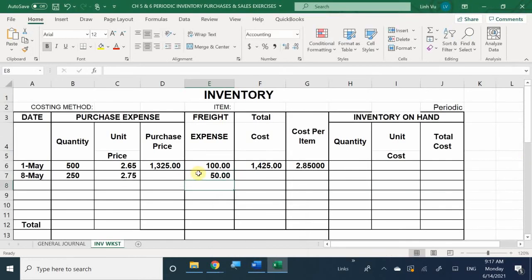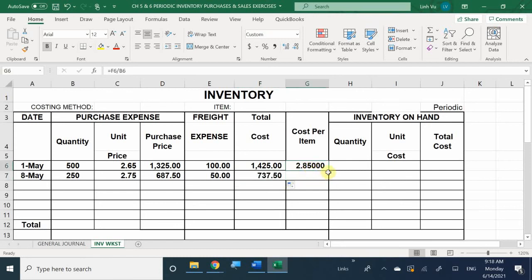Okay, so what's my total purchase price? $687.50. Okay. Plus my freight. $737.50. Okay.